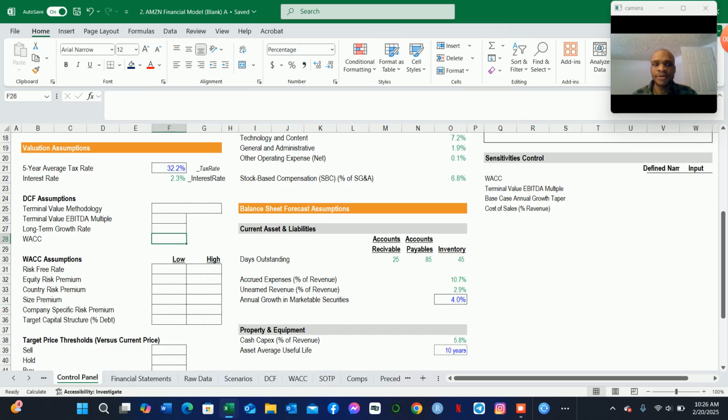So the weighted average cost of capital is the cost of capital that makes the net present value of a business equal to 0. So if the internal rate of return of a business is equal to the weighted average cost of capital, then that business is profitable and is able to compensate its bond investors and equity investors.